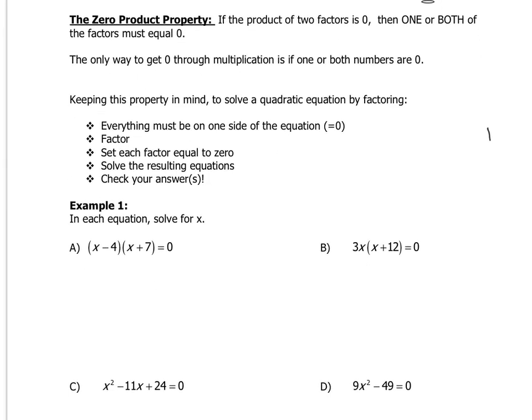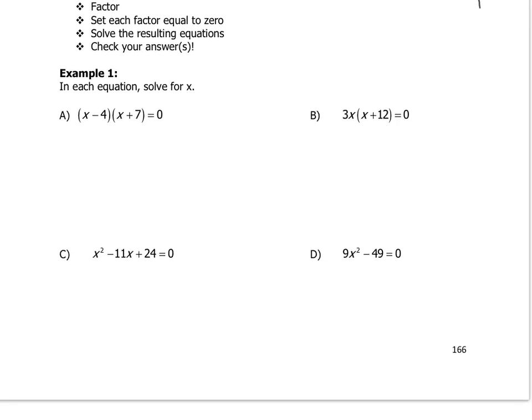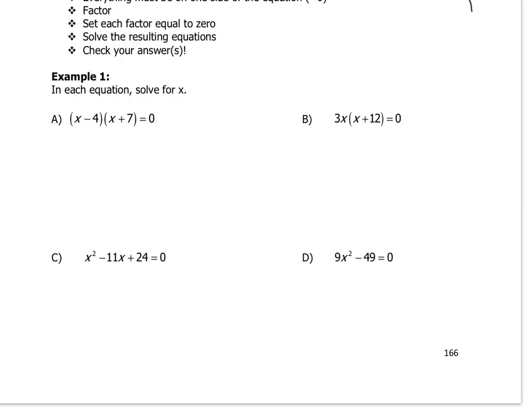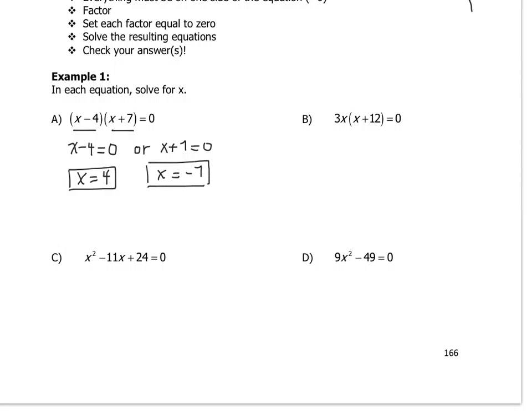So the first few examples already have them factored for you. We're just going to quickly solve them. So if you've got something times something is 0, that means either x minus 4 has to have a value of 0, or x plus 7 has to have a value of 0, which means x is 4 would be one solution, or x is negative 7 would be another solution. If you go back and check, they're basically the opposites of the numbers in the factors, right?